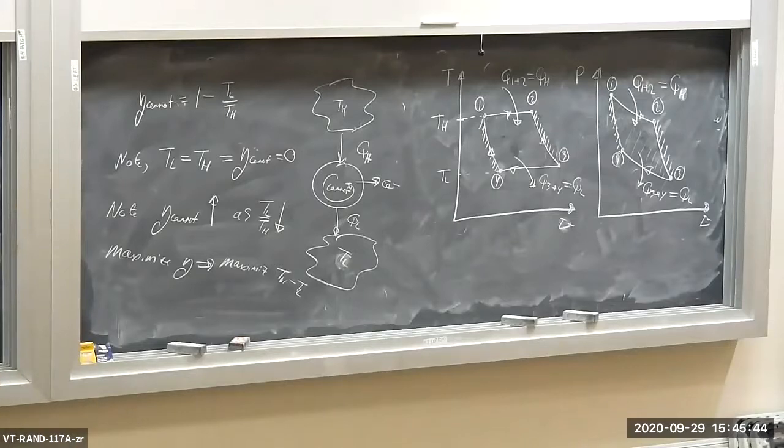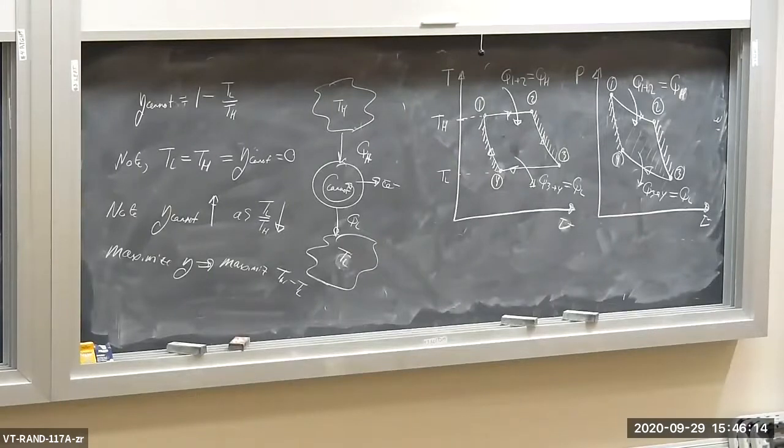Remember, state 1 is the minimum volume, maximum temperature. 1 to 2 is isothermal heat addition from the high temperature reservoir. That's 1 to 2, isothermal heat addition at TH. And then we have adiabatic, insulated, expansion from 2 to 3.